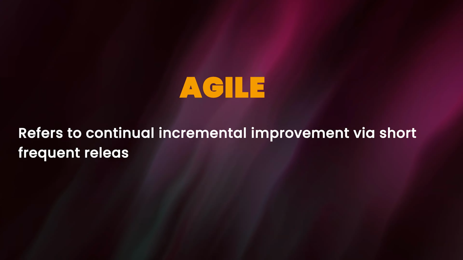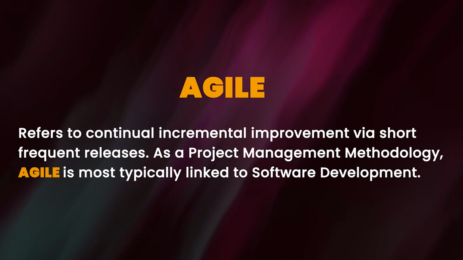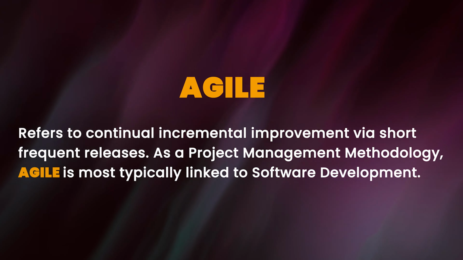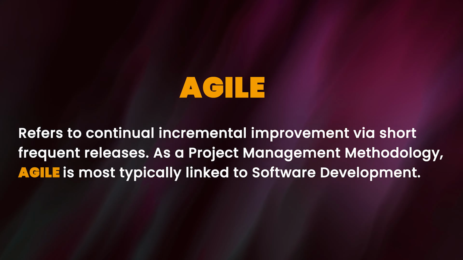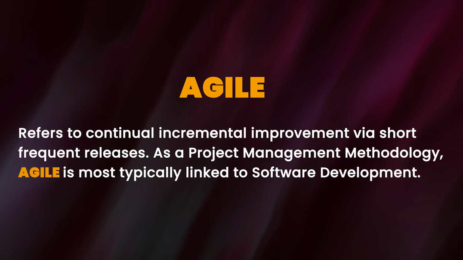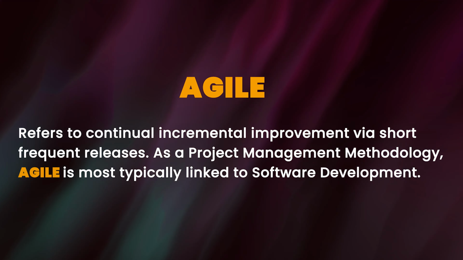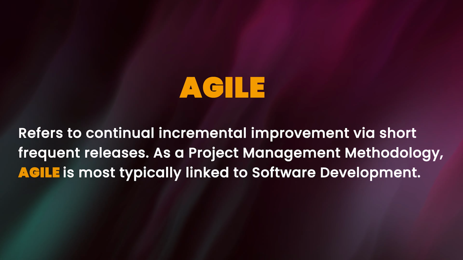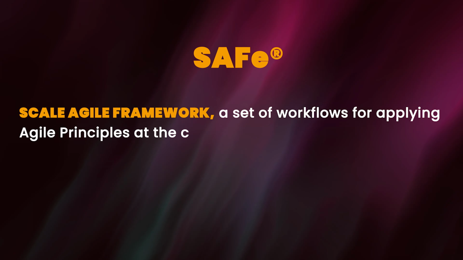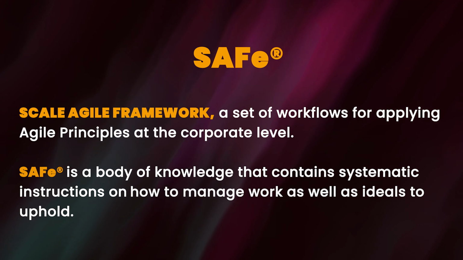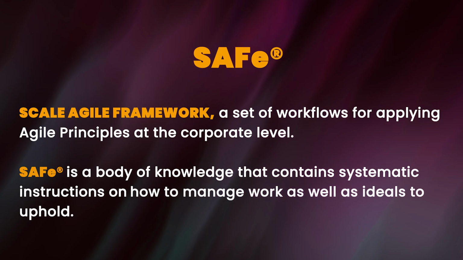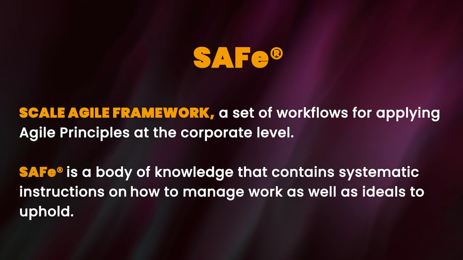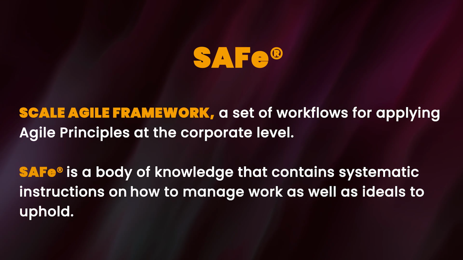Agile simply refers to continual incremental improvements via short, frequent releases. As a project management methodology, Agile is typically linked with software development. SAFe stands for the Scaled Agile Framework. It's a set of workflows for applying Agile principles at the corporate level.